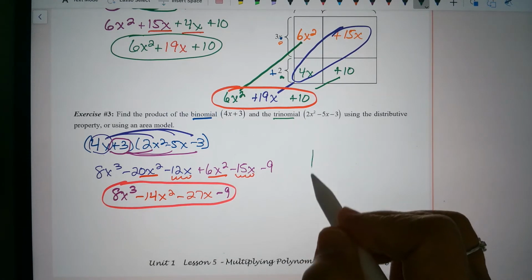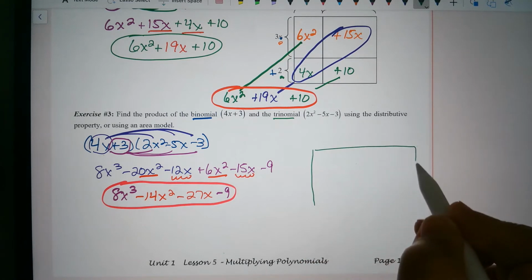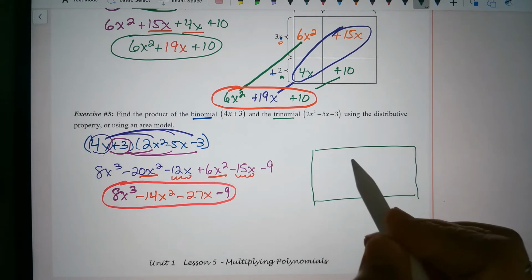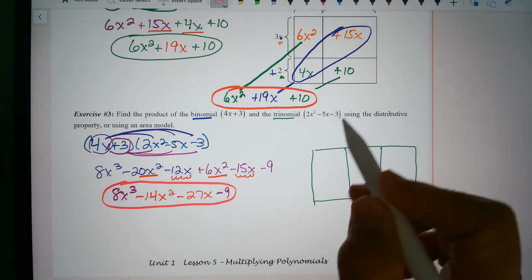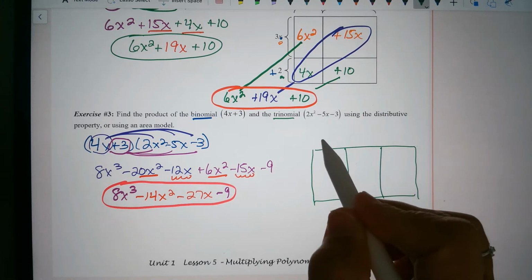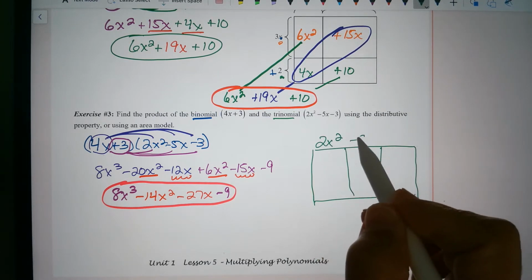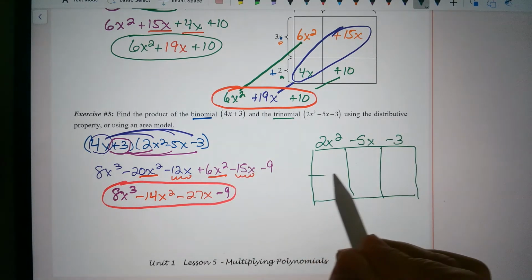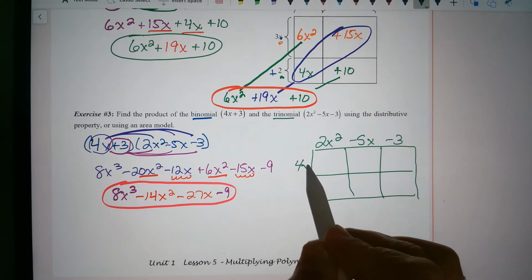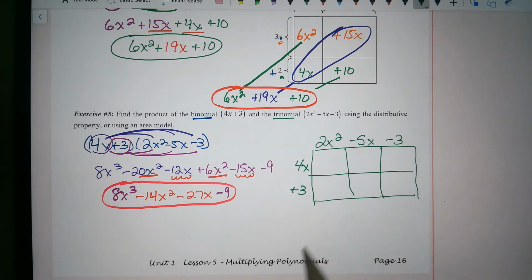So I want to draw the 2 by 3. There's my 3, so that's going to be my 2x squared minus 5x minus 3 and 4x plus 3. Okay.